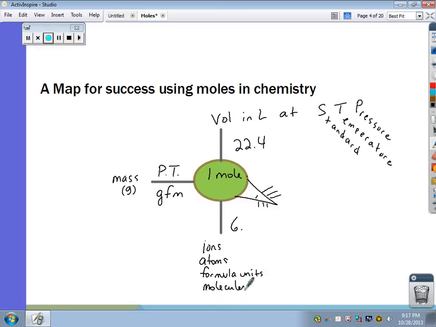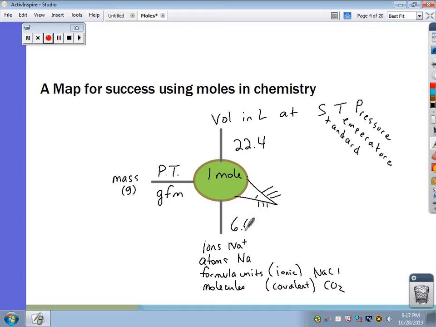And these are different entities because this measures covalent, this measures ionic, so it's like NaCl, this is like CO2, an atom is just that Na, and an ion is something like Na+. So that's what those different words mean.